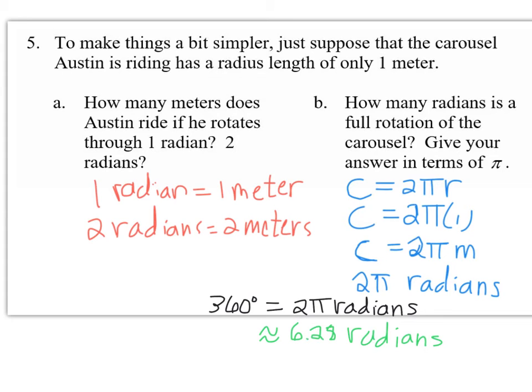Usually when we're working with radians, we keep the numbers in terms of pi. So we would most likely say 2 pi radians. We wouldn't say 6.28 radians. All right, let's take a look at some of the other things.